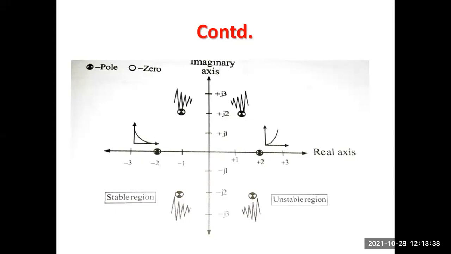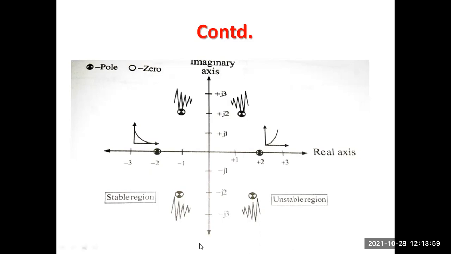Similarly, if any poles and zeros are lying on the left half of the S plane, then the system will be stable. But it is not always true that if the poles and zeros lie on the left half of the S plane the system is stable; there may be some chances of instability because of parametric change of the system.